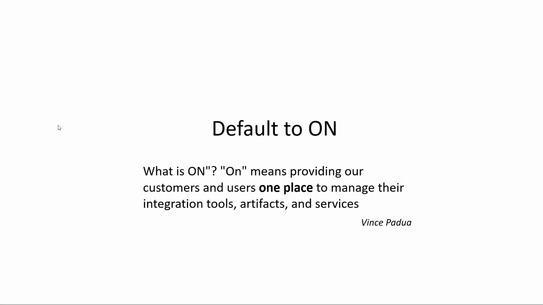Lately I read a blog post by Vince Padua about an OKR called Default to On. On means providing our customers one place to manage their integration tools, artifacts and services. Now this relates to my personal experience because I've been involved in the conversion of the documentation portal.